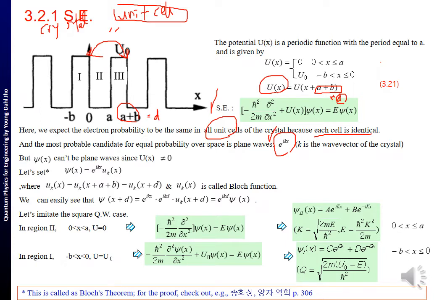This is the free particle case we previously studied. But it is periodic, and each cell is identical in spread over space. So we might consider something that is periodic and spread with equal probability in space.